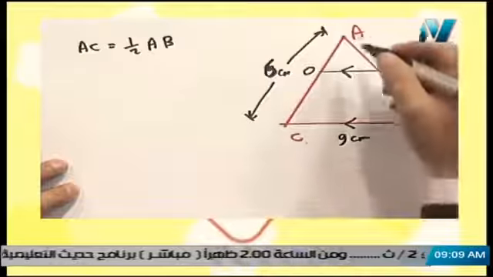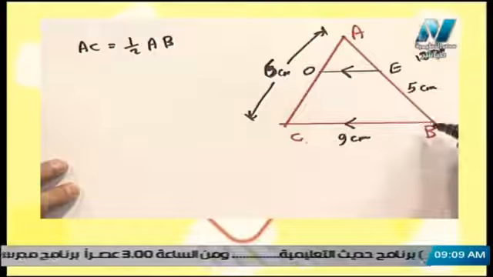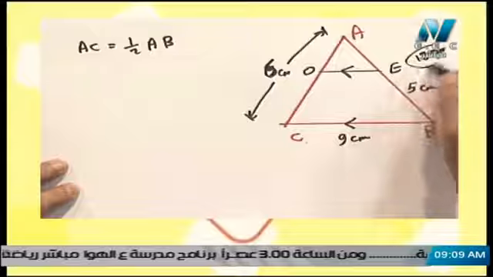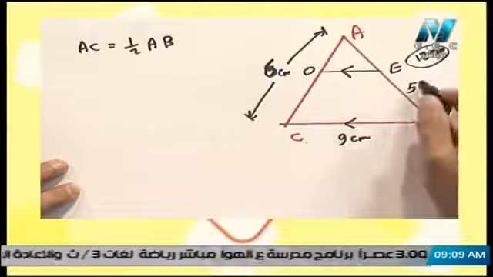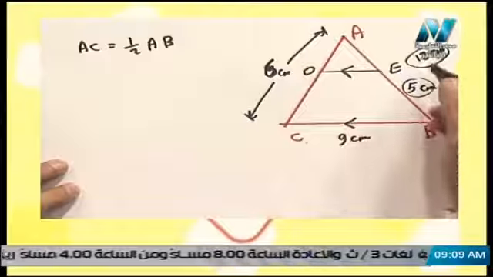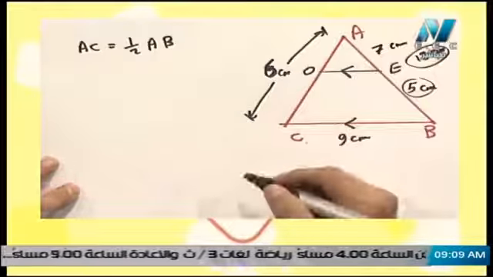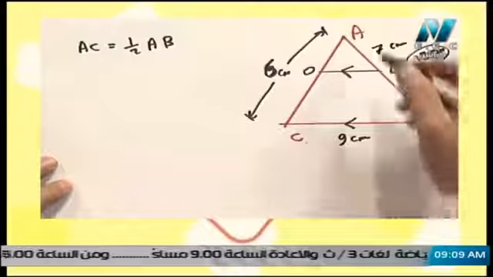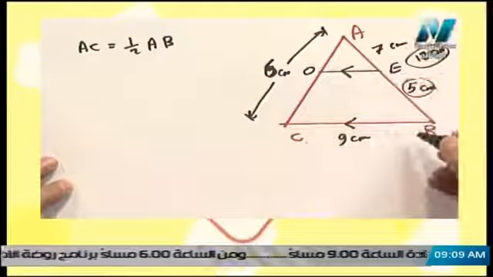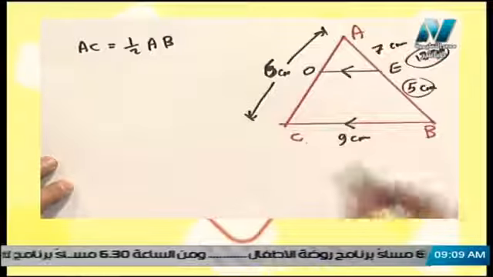Okay, what's the length of AE then? We have the total length of AB equal 12 and EB equal 5. To find AE, we will subtract 12 minus 5 equals 7 centimeters. Okay, so AE equals 7, EB equals 5, AC equals 6, and CB equals 9.